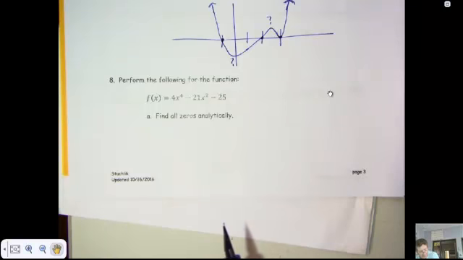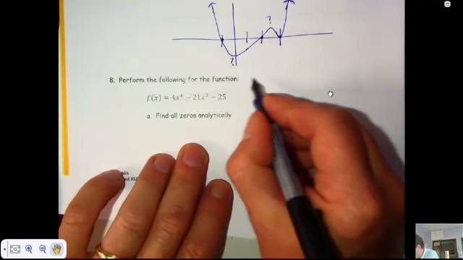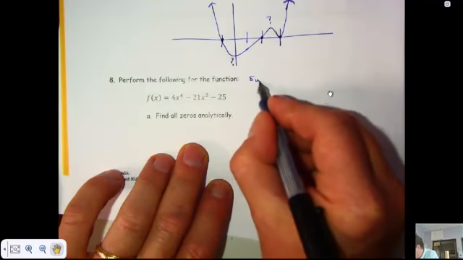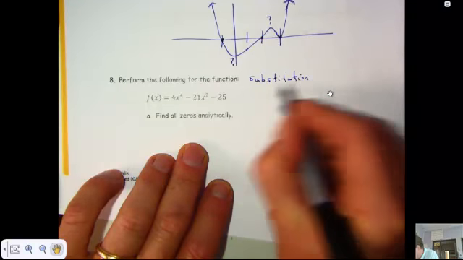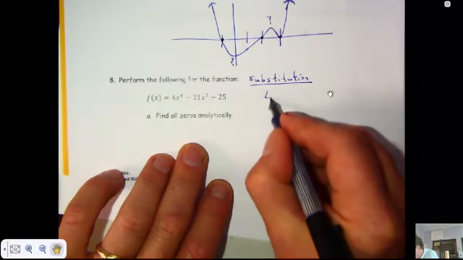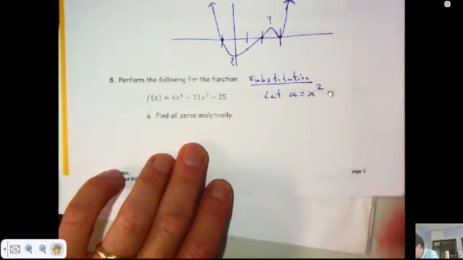And so we're going to rewrite this and solve it as a quadratic. So remember how we can do that. We're going to do a substitution. We're going to let u equal x squared.